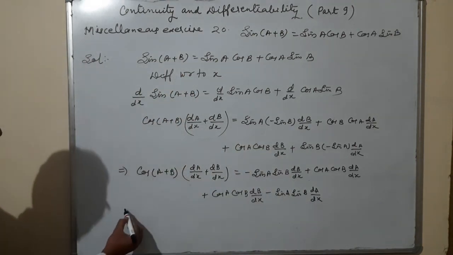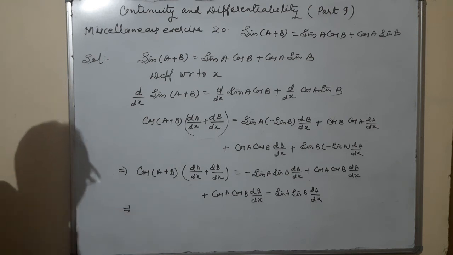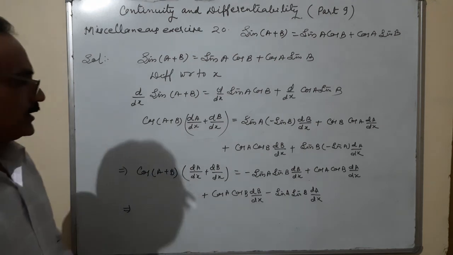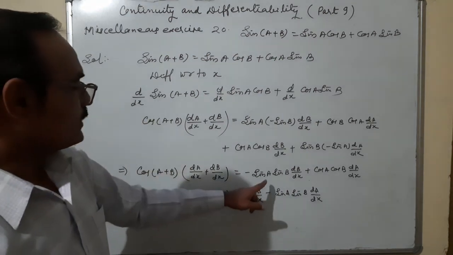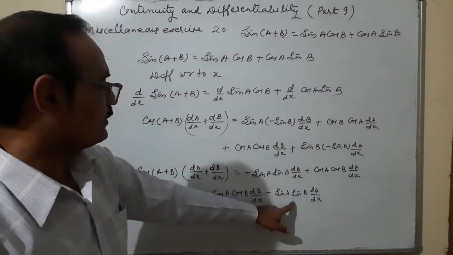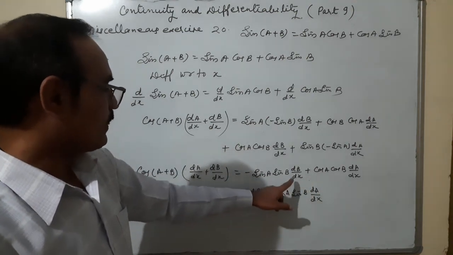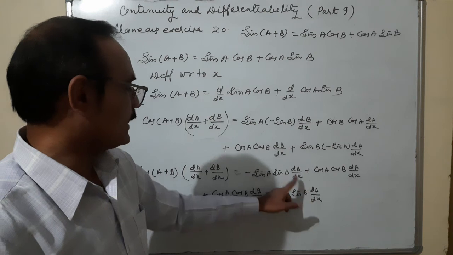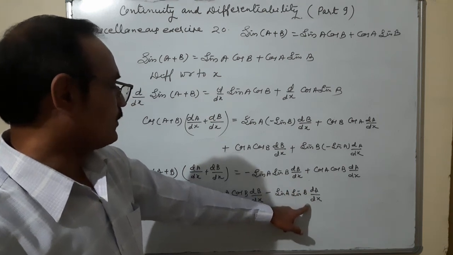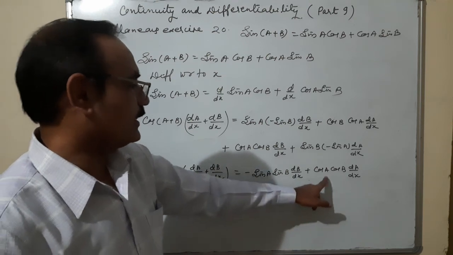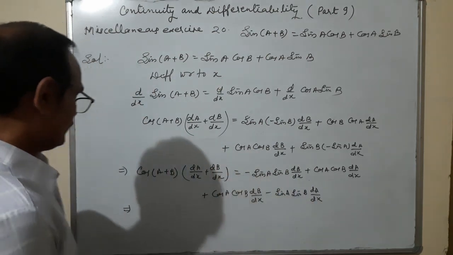After that, I'll write here dA/dx. You can see the two terms here, sin a sin b and cos a cos b. So I can take common cos a cos b, and here I can take minus sin a sin b common.